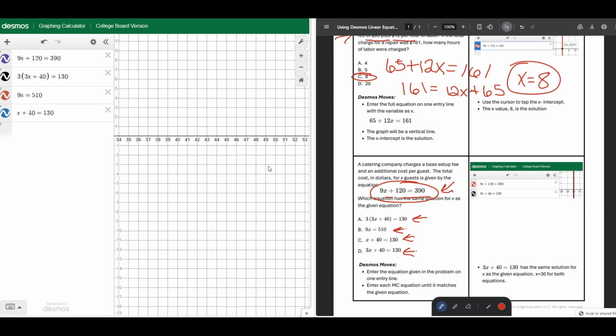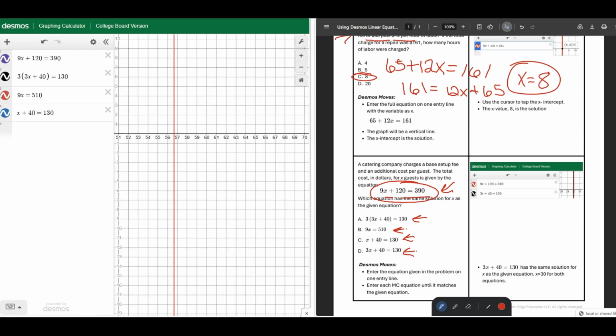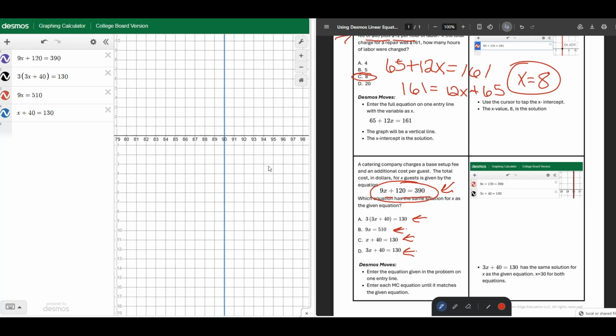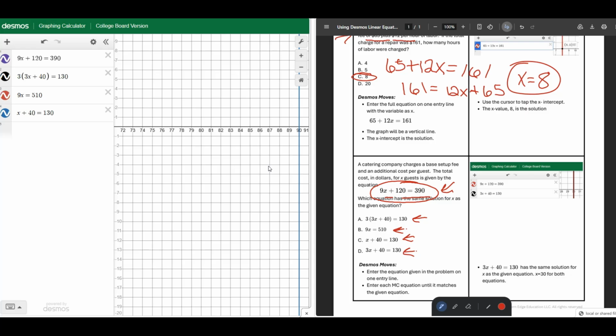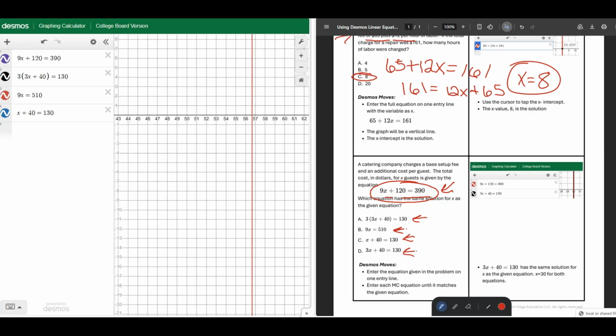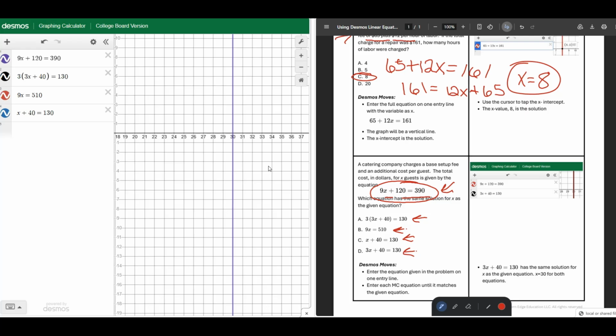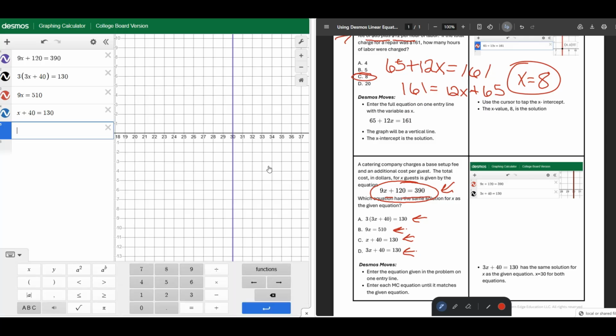Option C does not work either. In fact, that x-intercept is all the way over here at 90. So that leaves me that choice D will be the matching or equivalent solution. And we'll type that in and take a look.